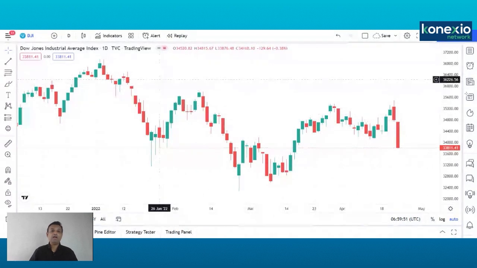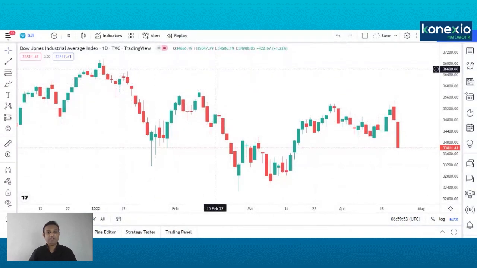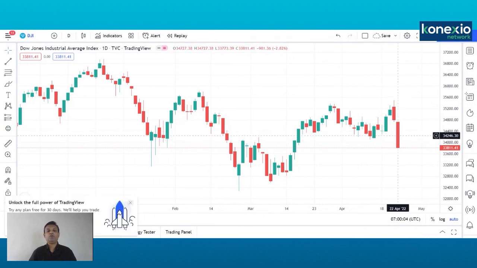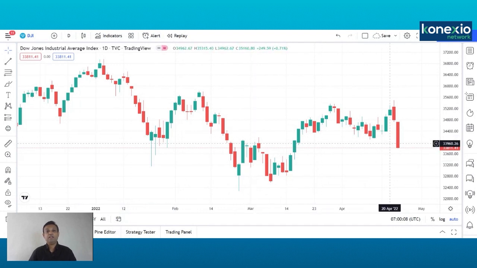Now, when we have analyzed Nifty and Bank Nifty charts, Nifty and Bank Nifty option data, and again if we combine it with Dow Jones chart, it clearly indicates that for the next week, Indian markets might remain under lot of pressure for the expiry.